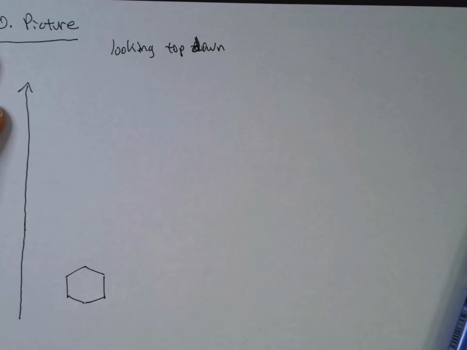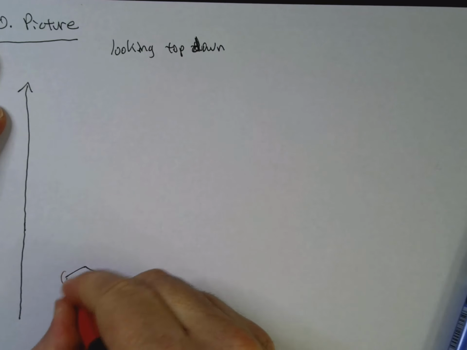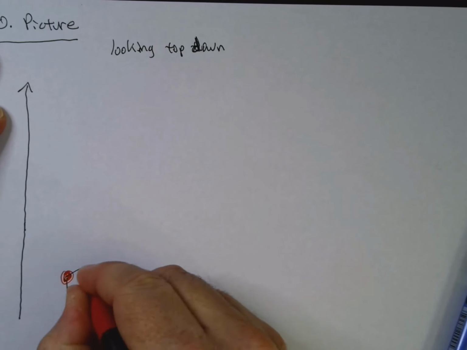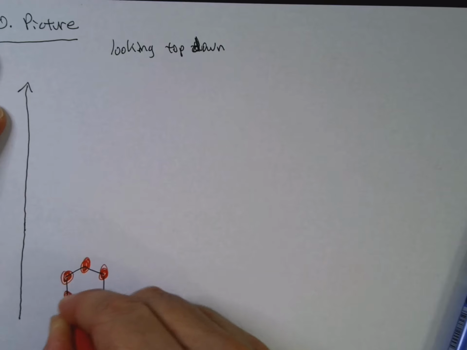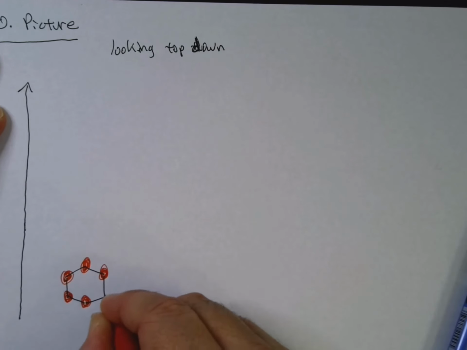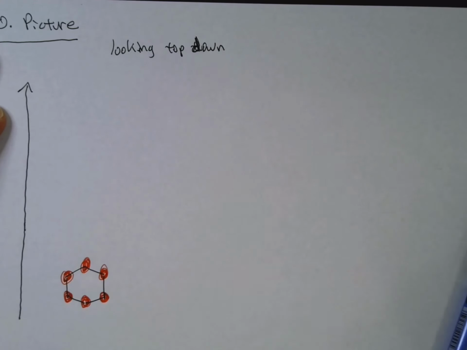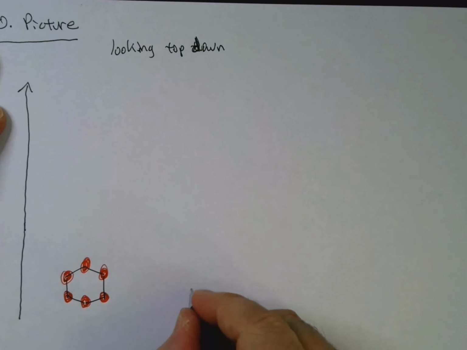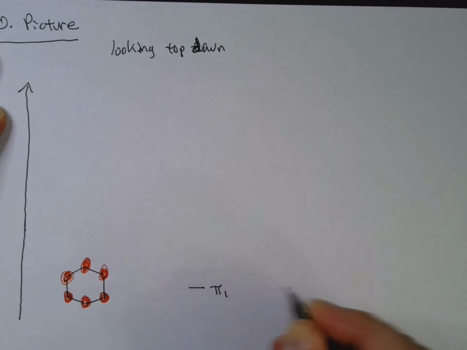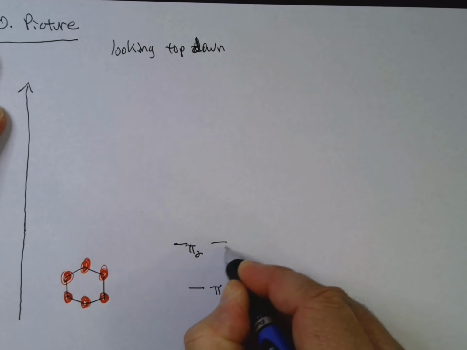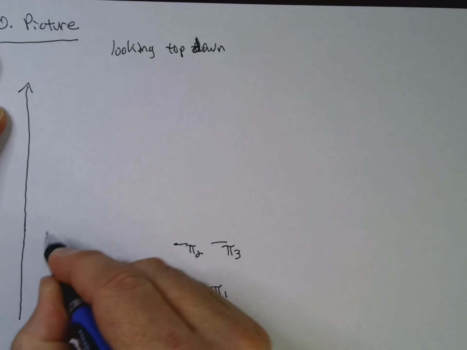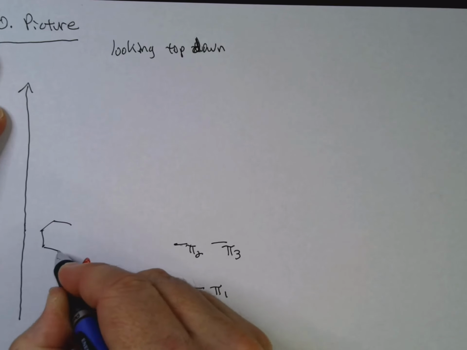And so what we'll have is all red circles here, and the blue is going to be on the other side. So we've got all red phase here, and that's going to be our pi 1. Next we'll have pi 2 and pi 3. Let me draw those.